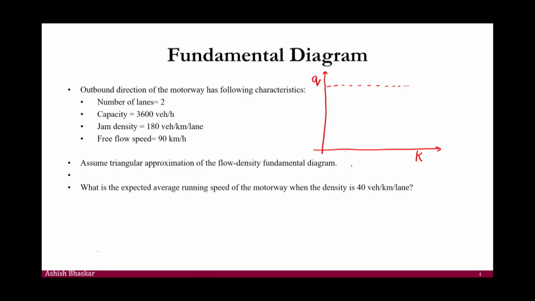What is given to you is a free flow speed. Remember, in the fundamental diagram, the slope of the line at this point is the free flow speed. Capacity is given to you, so you know the point where it should hit if you want to make a triangular shape. And the jam density is given to you, so you can draw the triangle accordingly.